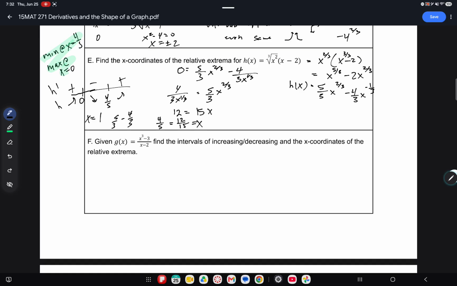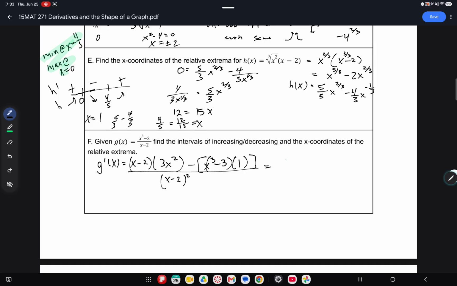All right, given g of x, find the intervals of increasing and decreasing and the x coordinates of the relative extrema. So to find a derivative, we have to use the quotient rule: low d high minus high d low, all over low low.